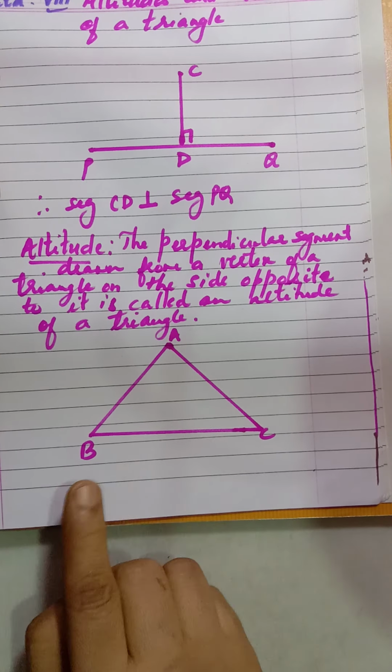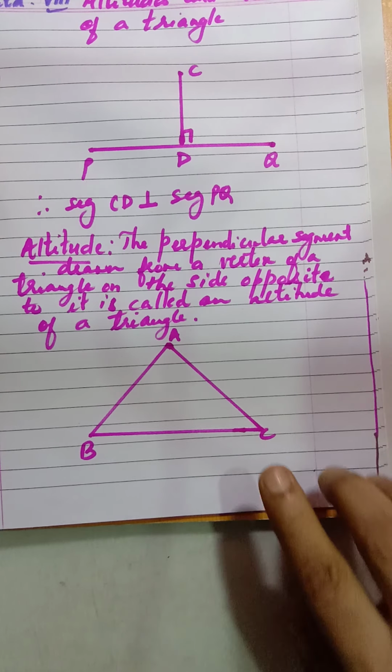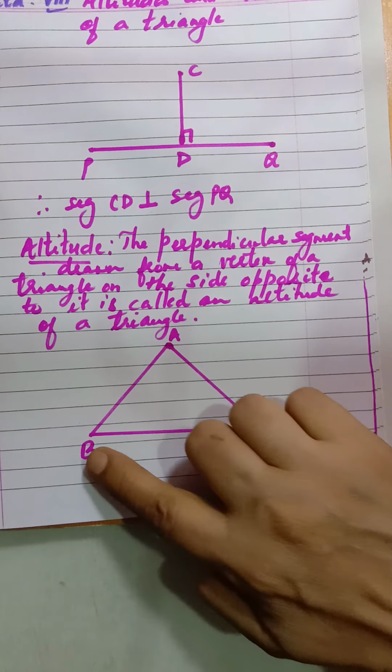BC, right? For this vertex B, which will be the side opposite? AC. And for vertex C, which side will be opposite? AB. So the definition says that the perpendicular segment drawn from a vertex to the side opposite to it is called the altitude of a triangle.